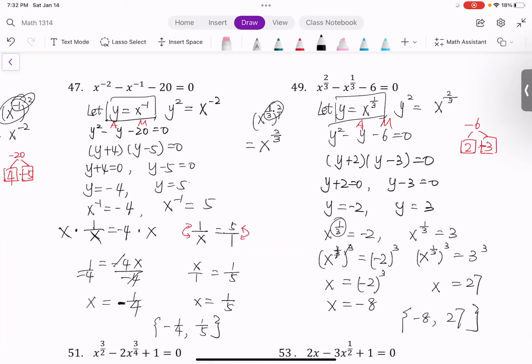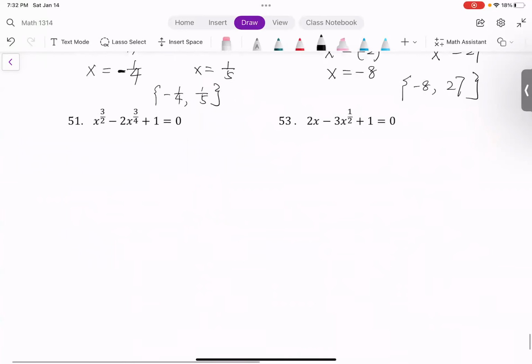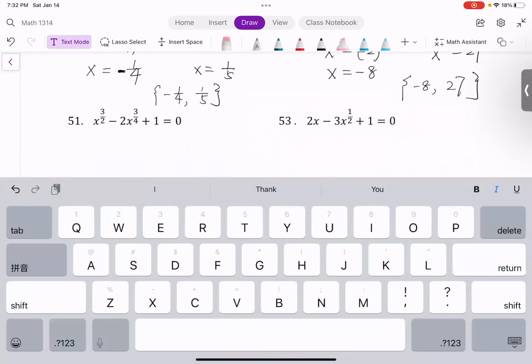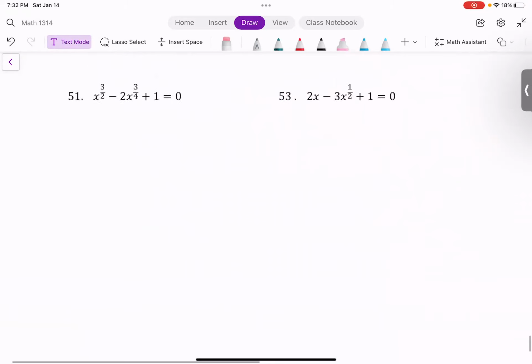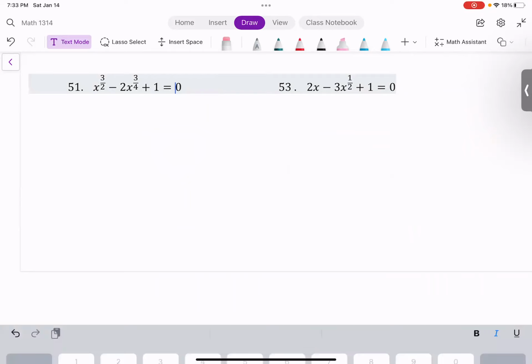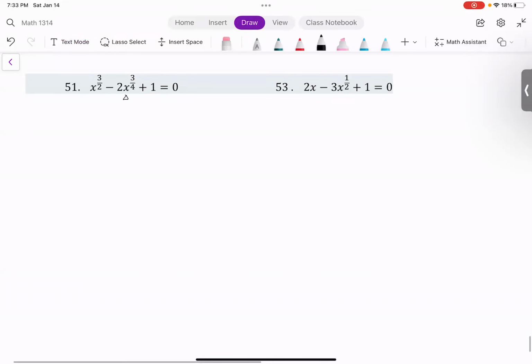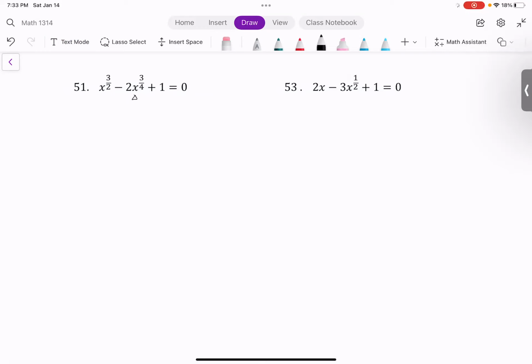Okay, so let's move on to next example. Let's make some space here. Number 51. Let's see, if you see the middle variable, if I square it, I can get the first variable. I can use substitution method.